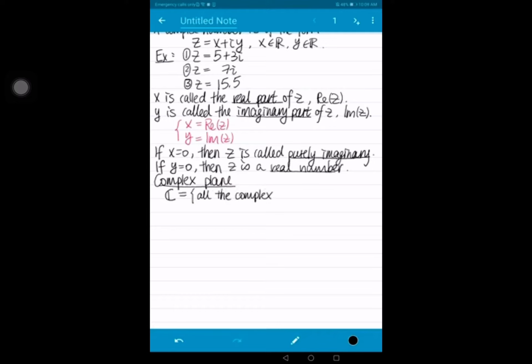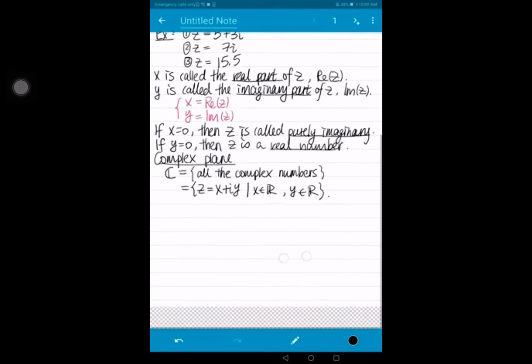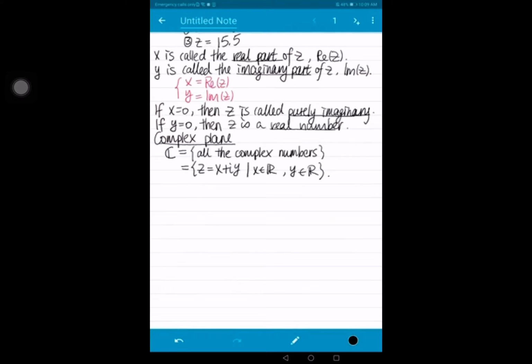This is the set of all the z, which equals x plus iy, where x is a real number and y is also a real number. So how does this set look? Well, here's the claim. This set looks exactly like R2. So this is the xy plane.